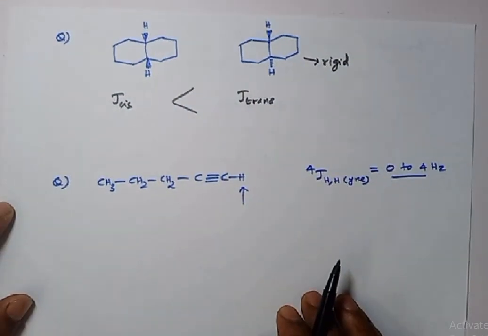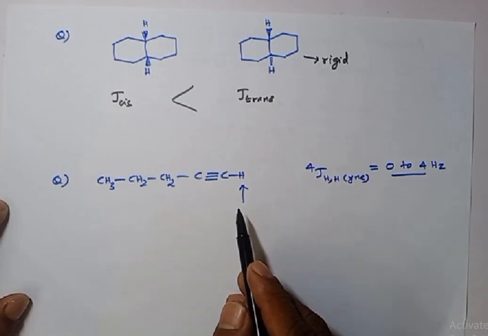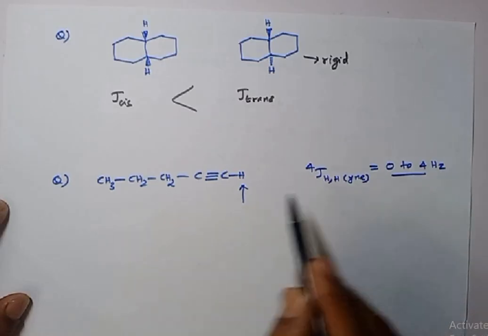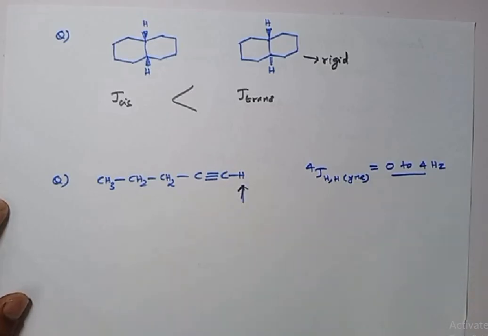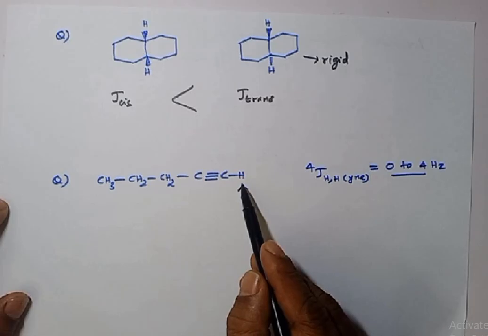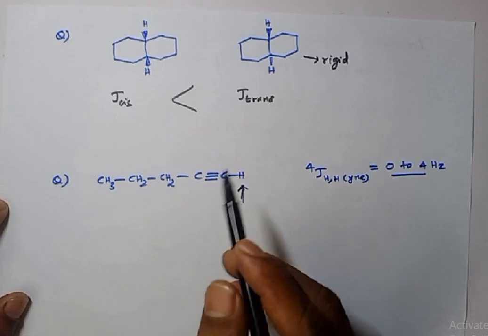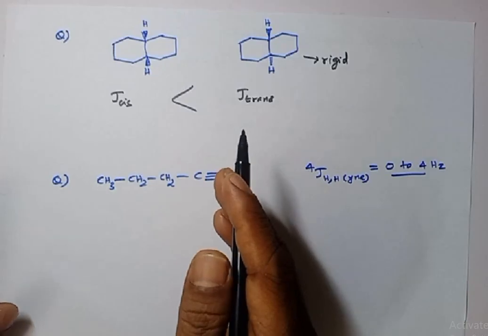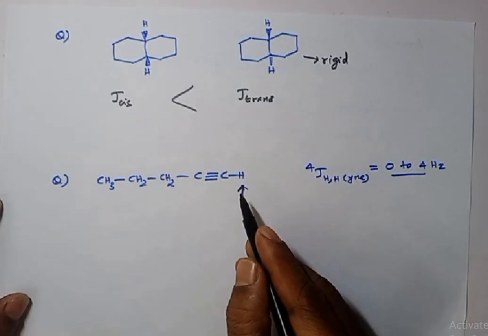Now, say this question. What will be the coupling constant of this alkyne hydrogen? Normally, what we expect is that we should get a singlet.